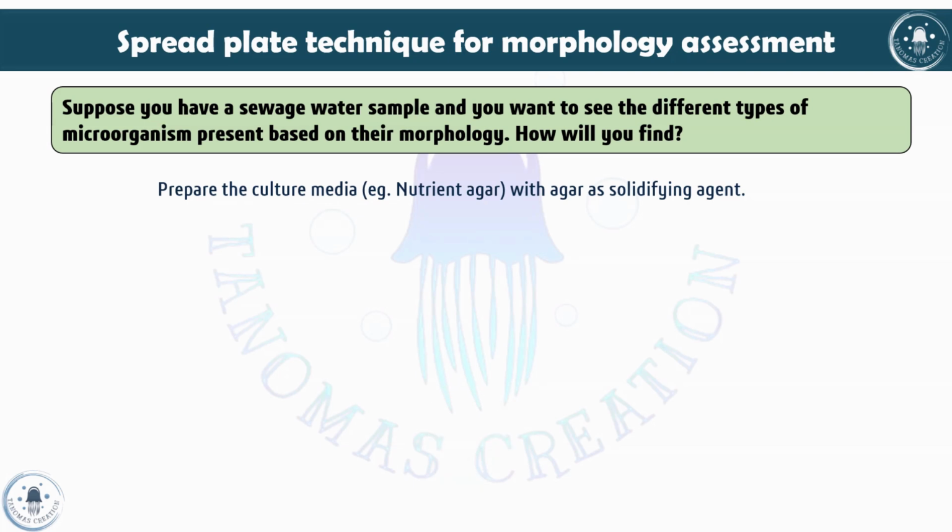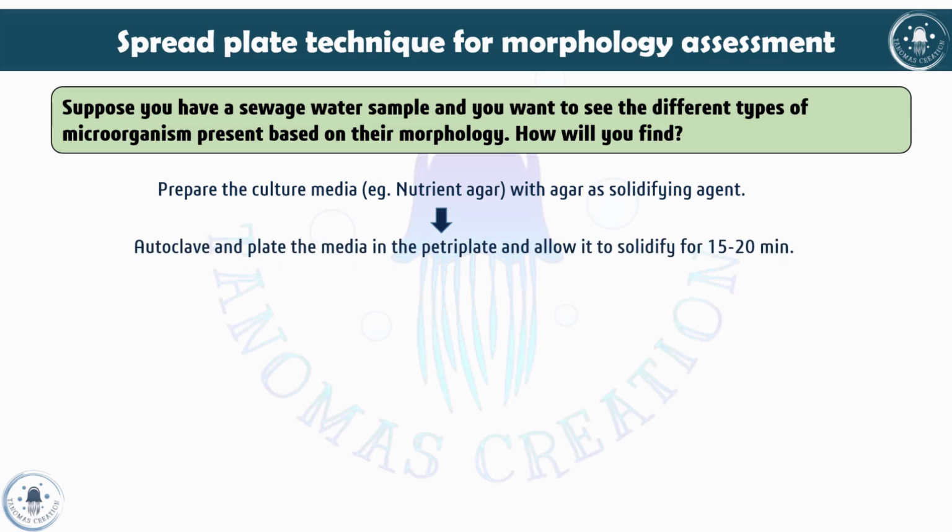So as we have studied the procedure of the spread plate, the technique is same. You prepare the culture media with agar and then you plate the media and allow it to solidify after autoclaving. Then take 0.1 ml from the sewage water and drop it on the media. Now you do this using a micropipette.